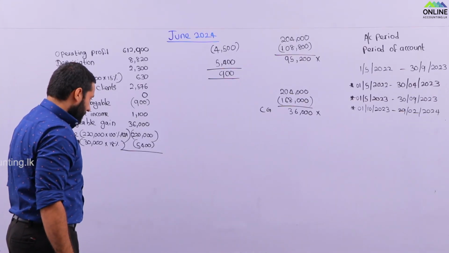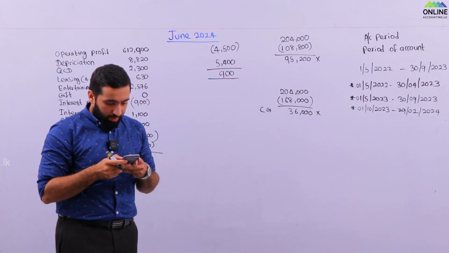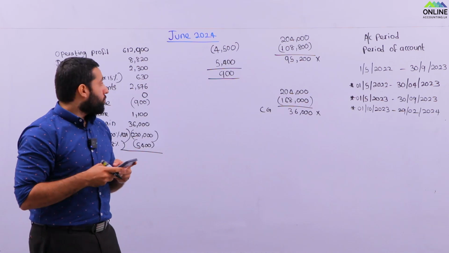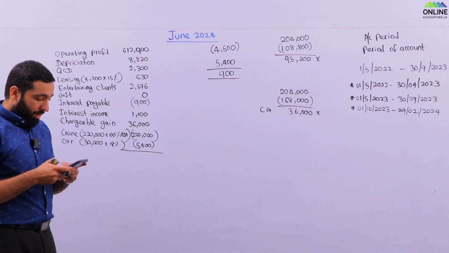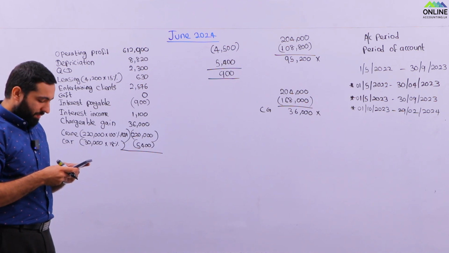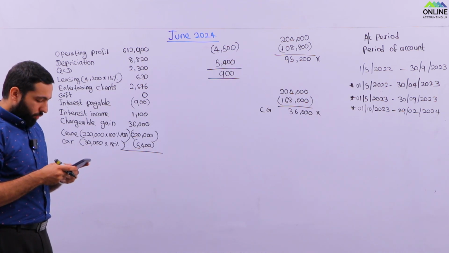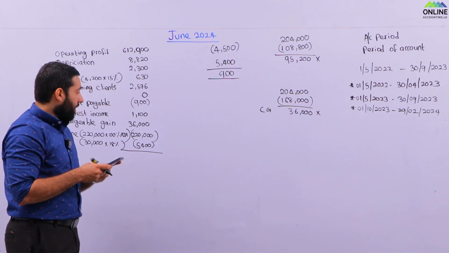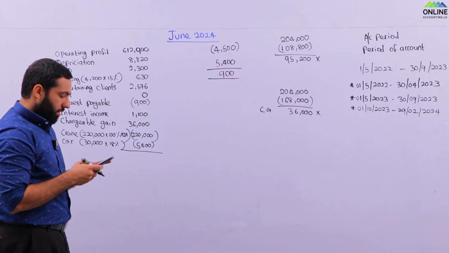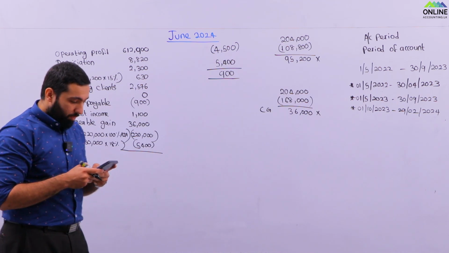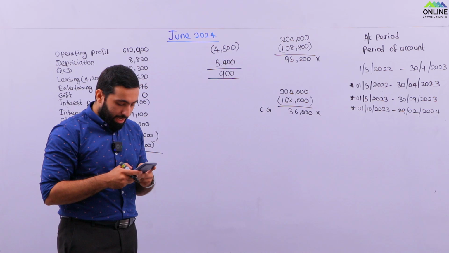And then you can do this calculation. So 612,900 plus 8,820 plus 2,300 plus 630 plus 2,576 minus 900 plus 1,100 plus 36,000 minus 220,000 and minus 5,400, you can arrive at 438,026.